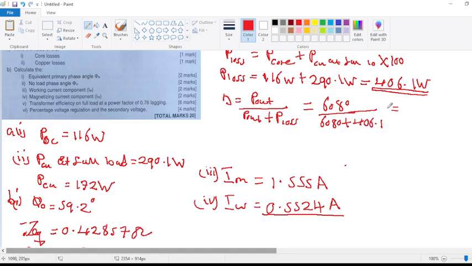So 6,080 plus 406.1 gives us 6,486.1. Now if you divide 6,080 by 6,486.1, you are going to have 0.937.